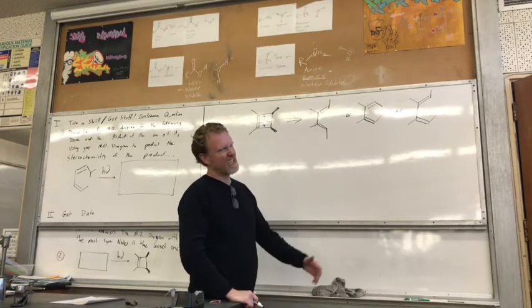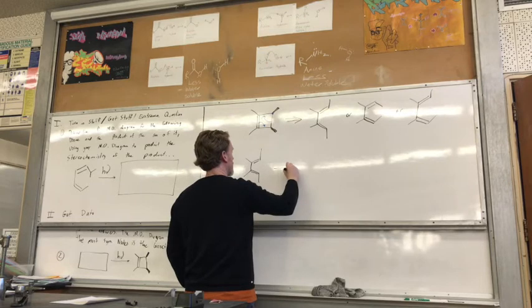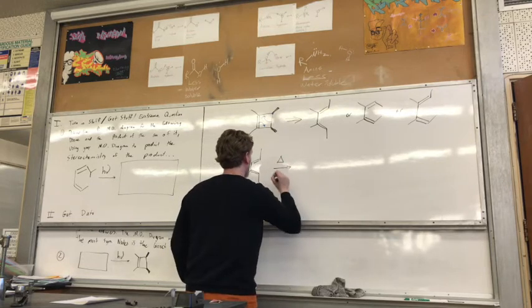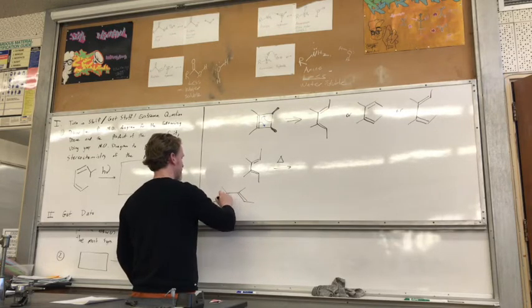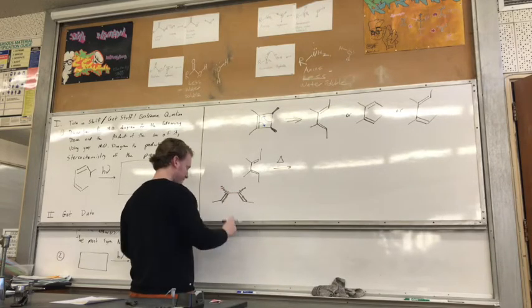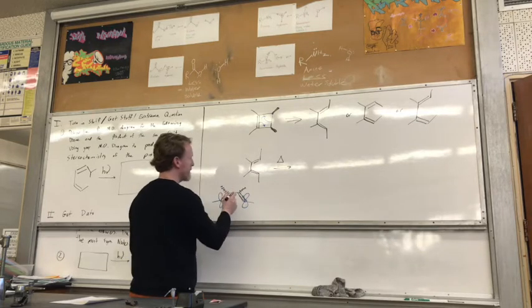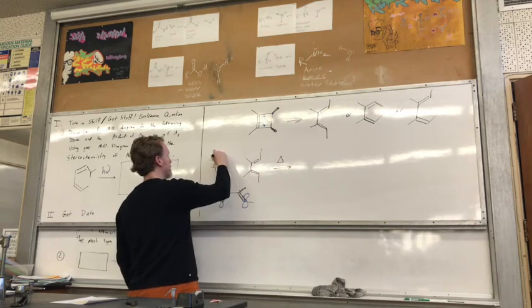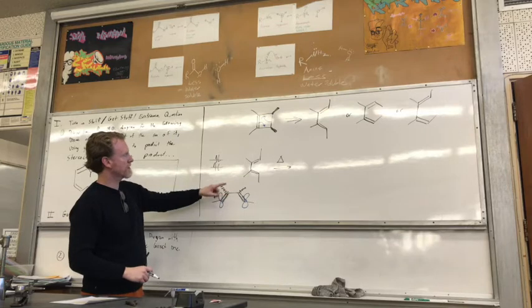So what I do at this point is I just try. For example, let's see if I use this one here, and I use heat first. If I imagine this coming at me, that's going back. This has 4 pi electrons, two alkenes.